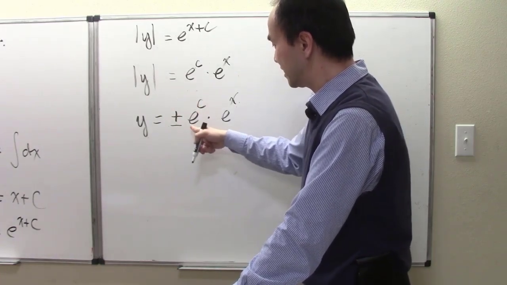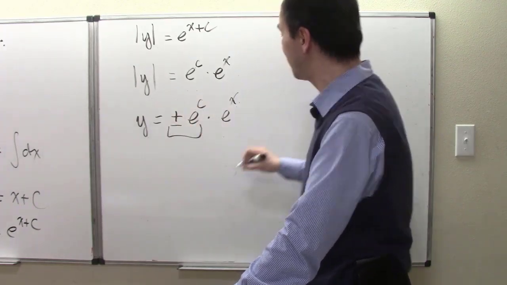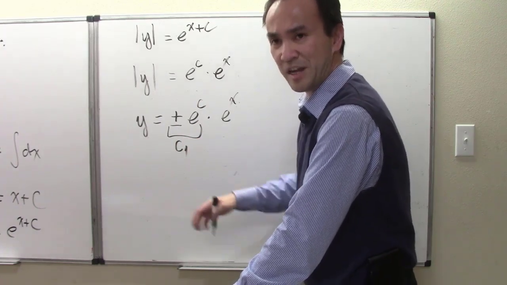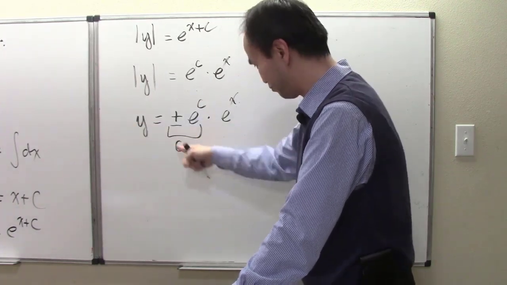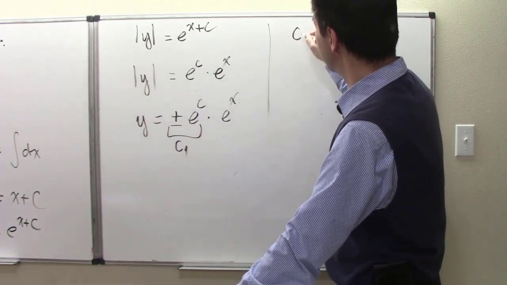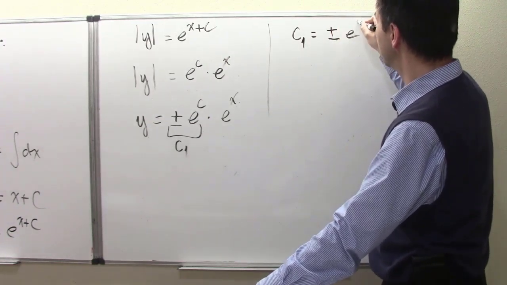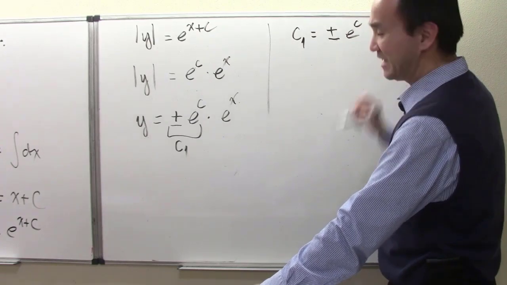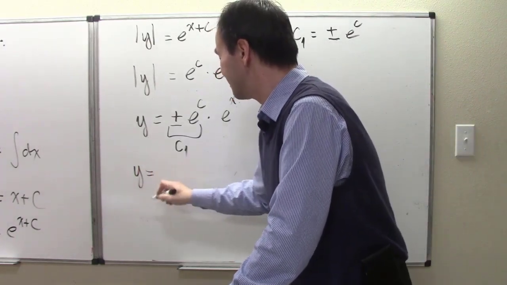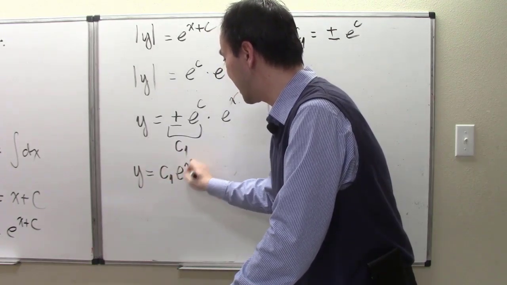Plus or minus together with e to the c is still an unknown, so all of that we can regard as a c1 coefficient or a c1 constant, and the constant is playing the role of a coefficient in this function. So yes, c1 can be either plus or minus the value of the constant e to the c. And in that case, now we can legally write our function, y equals some c1 multiplied with e to the x.